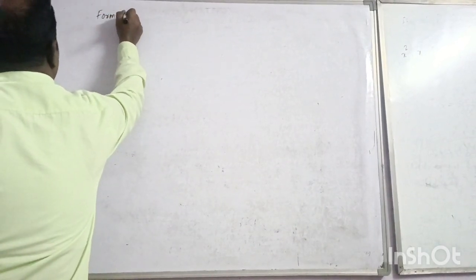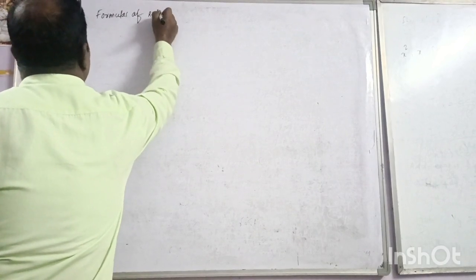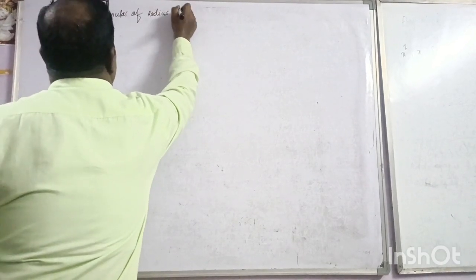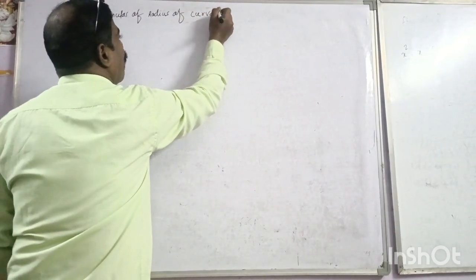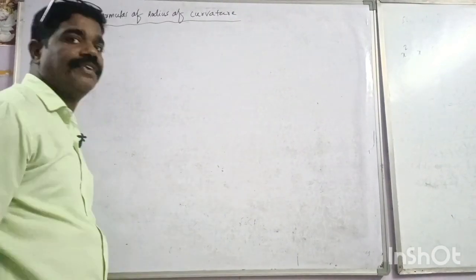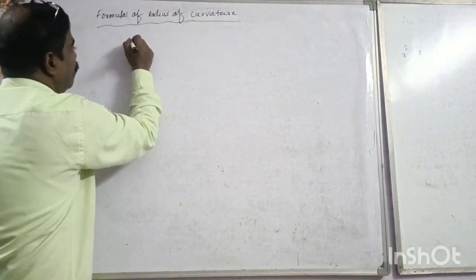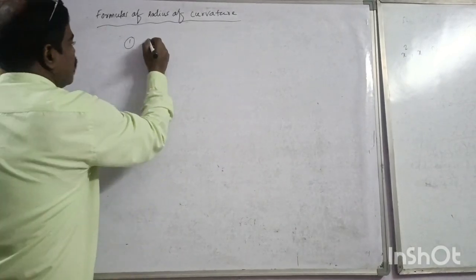Formulas of radius of curvature. Number one, Cartesian form.